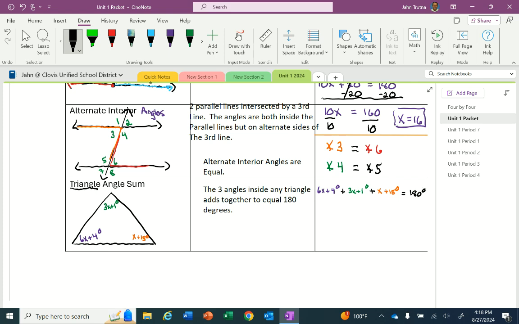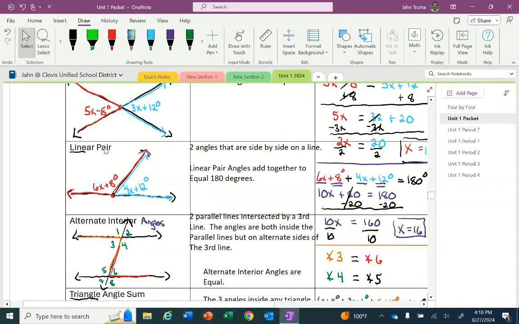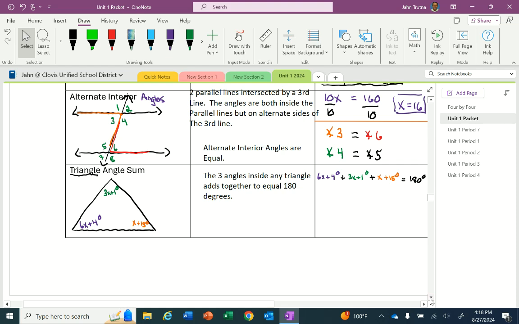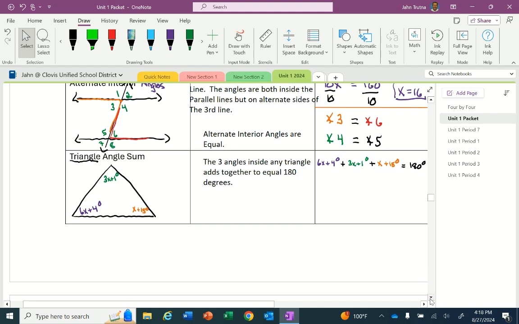So the triangle angles have the exact same relationship as the linear pair of angles. They add together to equal 180 degrees. It's pretty awesome. That's the same relationship, even though it's 2 totally different things.